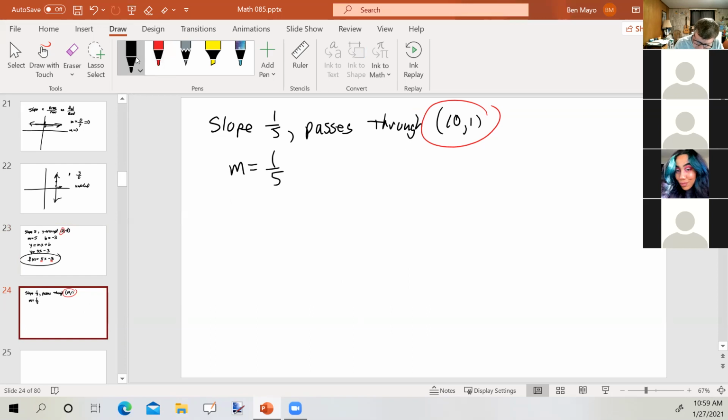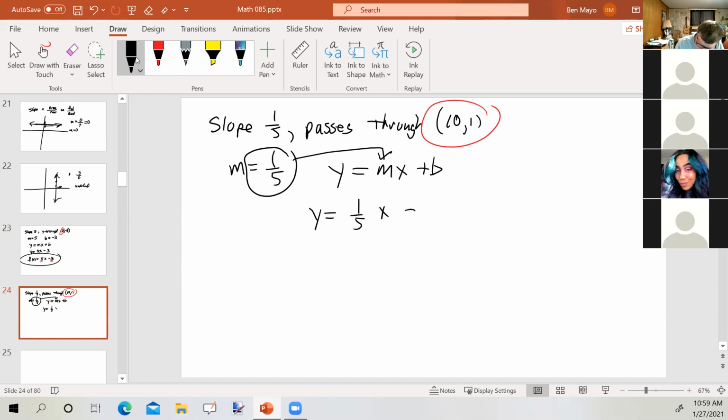But what I can do is this. Using y equals mx plus b, I can take the slope and put it in for m. So then I get that. Any questions so far? Now, I need to find the y-intercept.